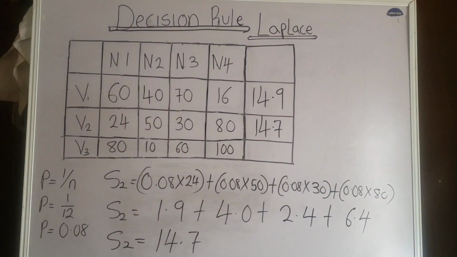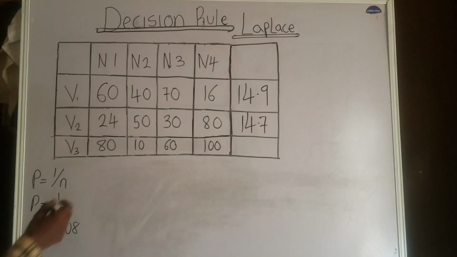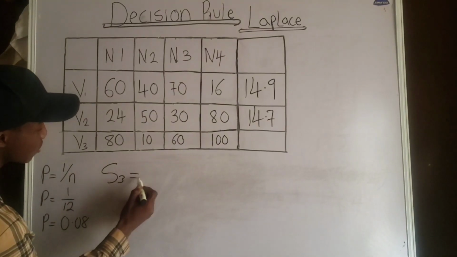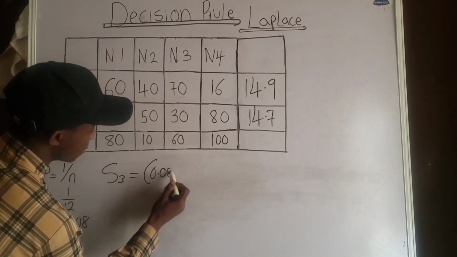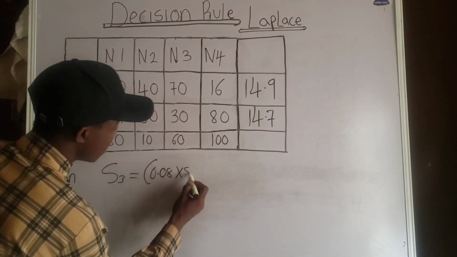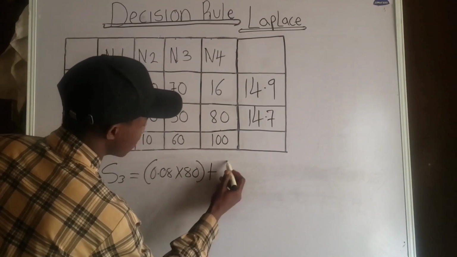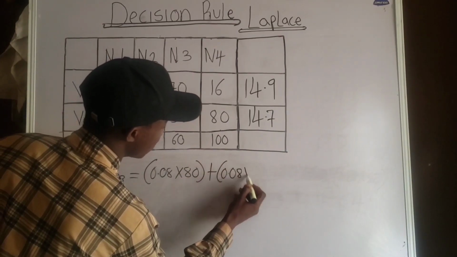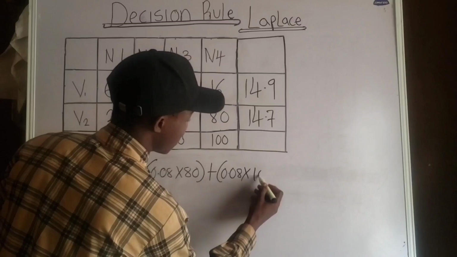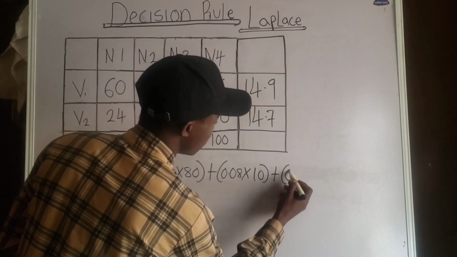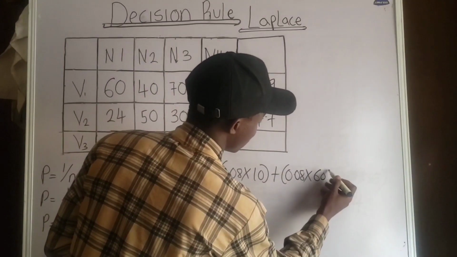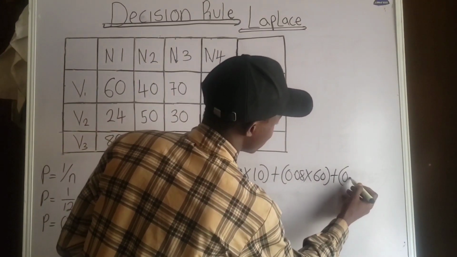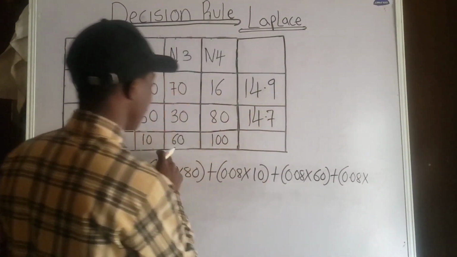Okay, let's calculate the strategy for variety 3. So we are going to have S3 equals 0.08 multiplied by 80, plus 0.08 multiplied by 10, plus 0.08 multiplied by 60, plus 0.08 multiplied by 100.